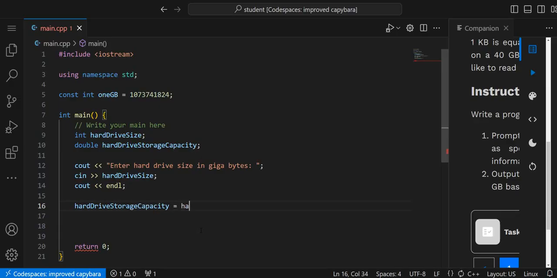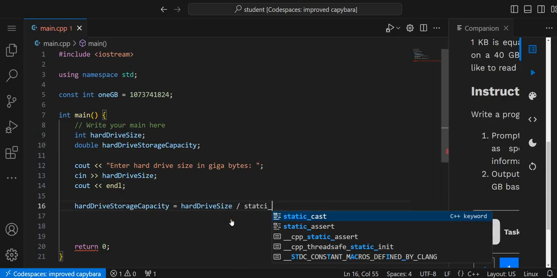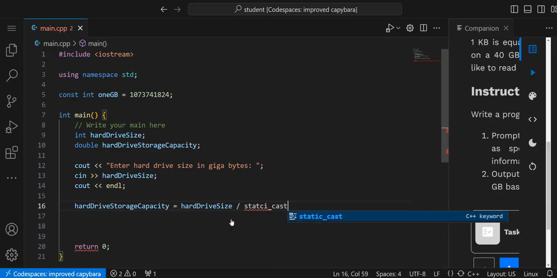equals hard drive size divided by, here we go, static_cast, just casting.